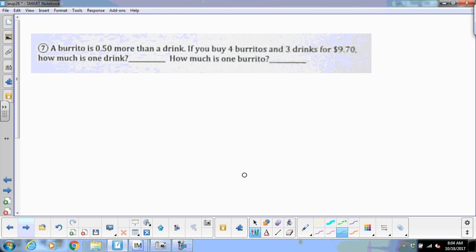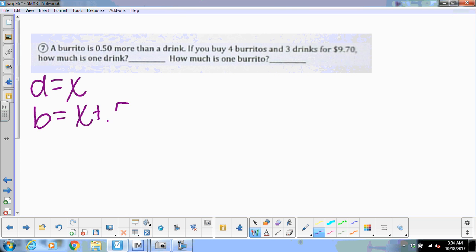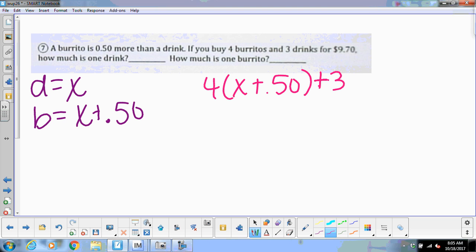All right, number 7, let's set this one up. Okay, a burrito is 50 cents more than a drink. So our drinks are x, and our burrito is x plus 50 cents. You bought 4 burritos and 3 drinks, and it equaled $9.70.